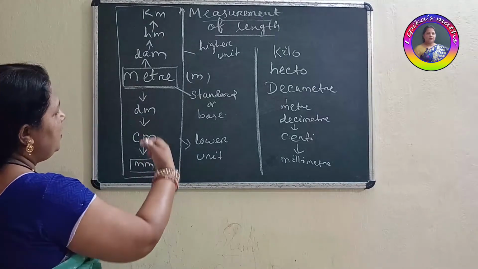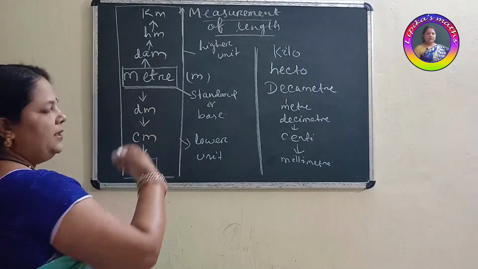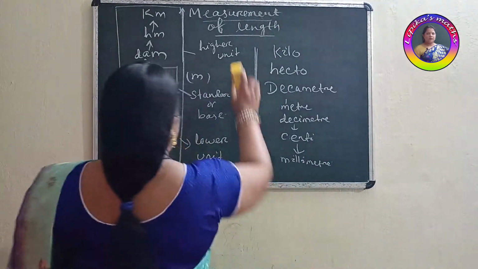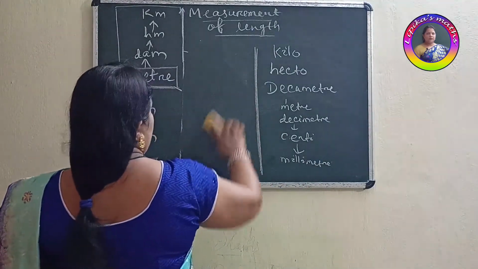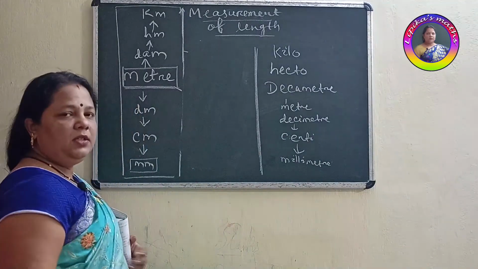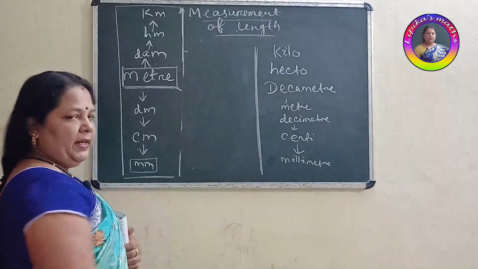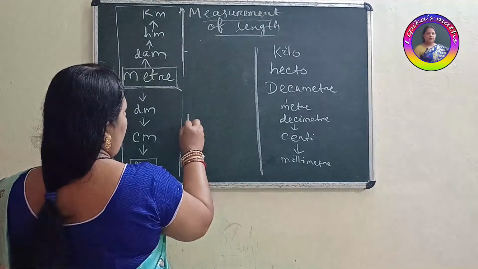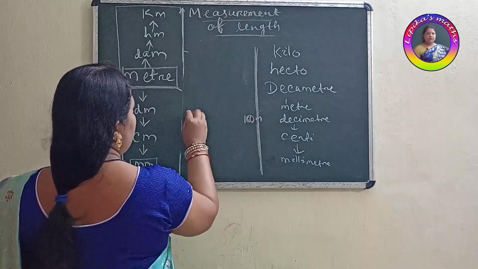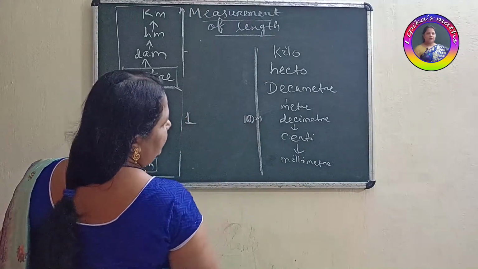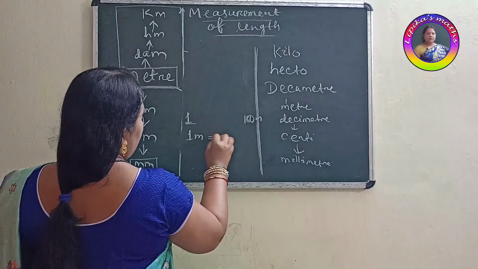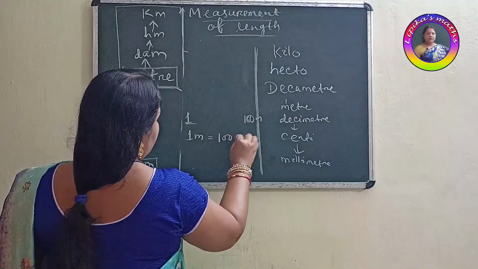Okay, so how do we remember this or follow this format? In your clothes shop, children, you must have seen the meter scale, from 1 to 100. 1 meter equals 100 centimeter.